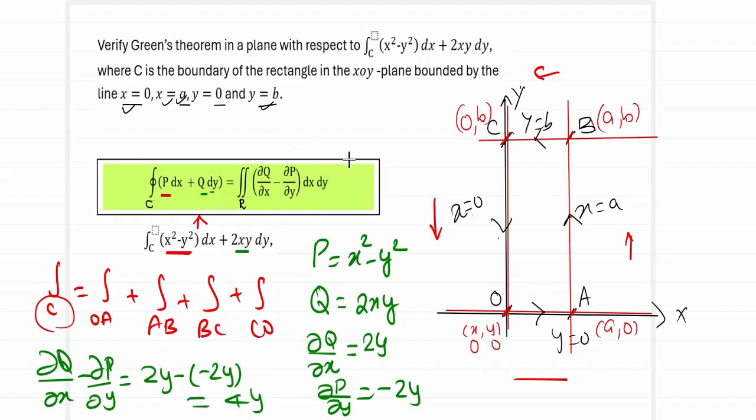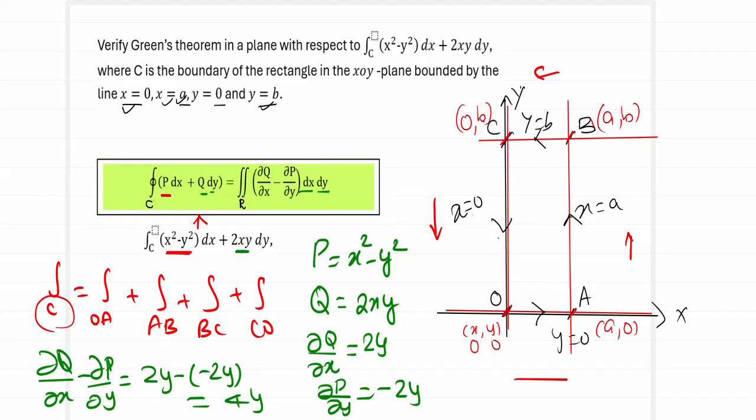So now let us begin the estimation for our right hand side. The right hand side is a double integral. How to fix the double integral? I need a limit for my x and I need a limit for my y. How to go about it? Which is my closed area? This is my region R. So in this region R, to fix my limits, let me draw a line parallel to my x-axis.